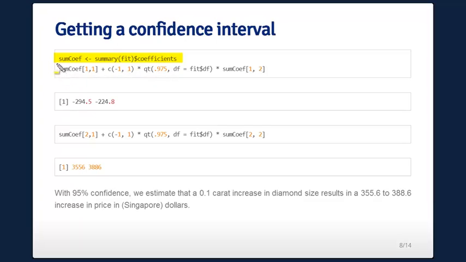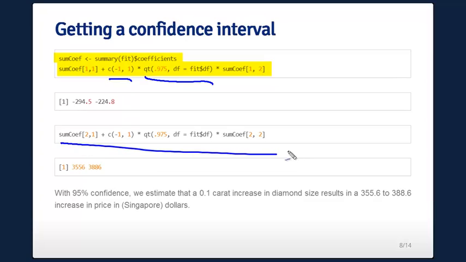That'll grab the table, and then the relevant elements of the table are 1,1 for the intercept, and then 1,2 for the standard error of the intercept. I need to grab the correct t quantile, and then I want to add and subtract it, so I just multiply by c(-1, +1), and that gives me a confidence interval for beta 1.